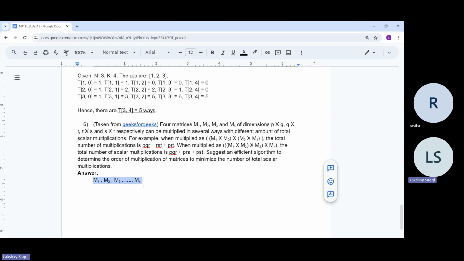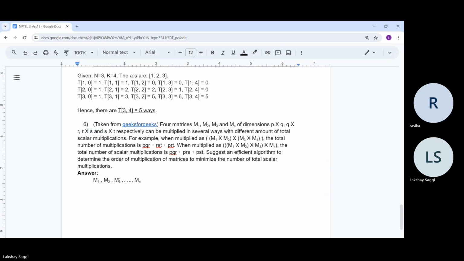Note that whenever matrices have to be multiplied, the number of columns in M1 should be equal to the number of rows in M2. Similarly, the number of columns in M2 should be equal to the number of rows in M3 and so on. So like here, M1 has P cross Q, then this Q should be common in M1, M2. R should be common in M2, M3. S should be common in M3, M4. Only then can matrices be multiplied.